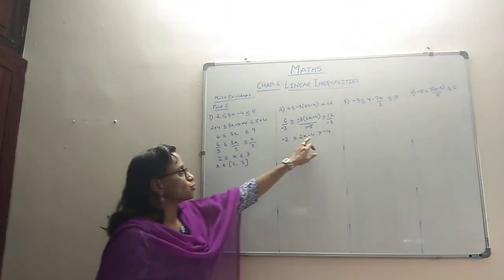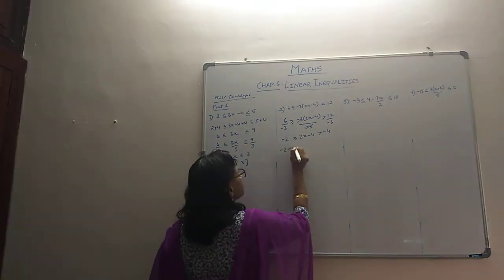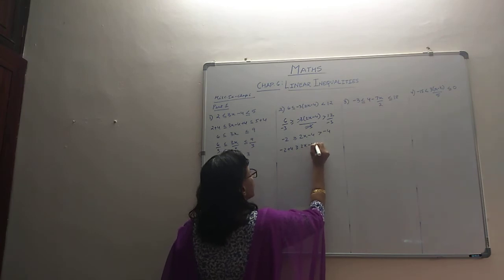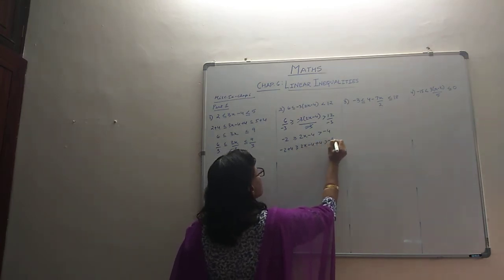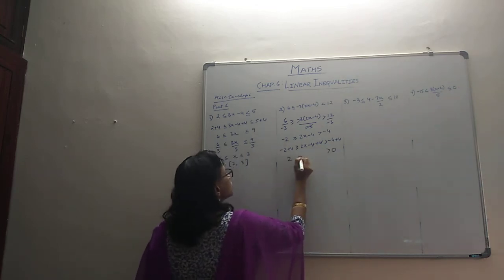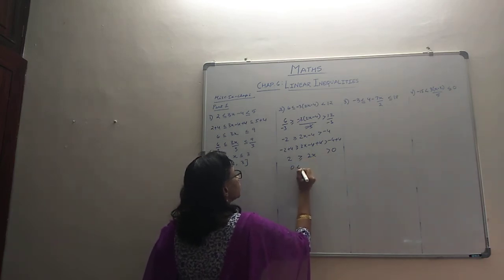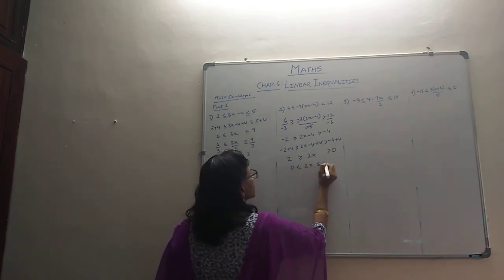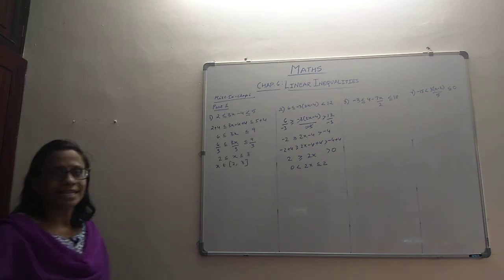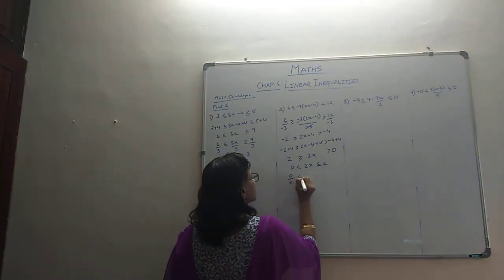Then the minus 4 has to go away, so adding 4 throughout. 2x minus 4 plus 4, so this is gone, and this is 0 and this is 2. So you have 2x. Then in order to get x, the 2 has to go away, so dividing throughout by 2.